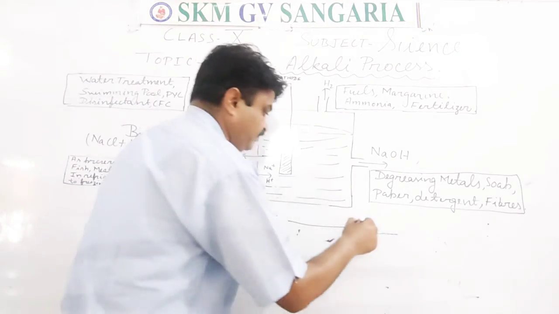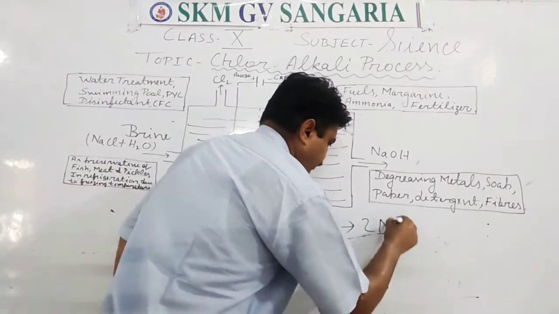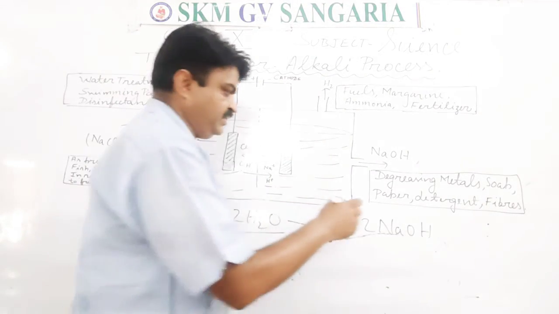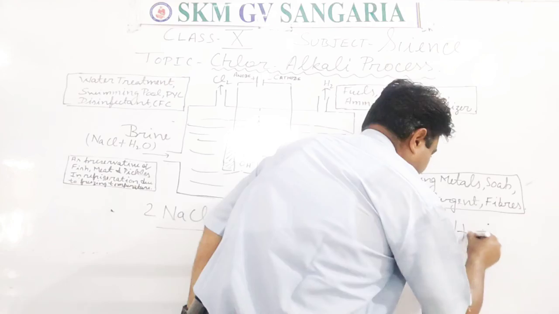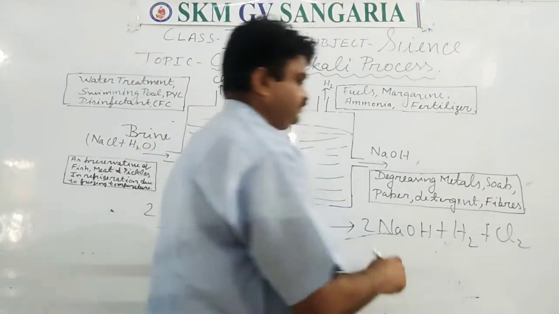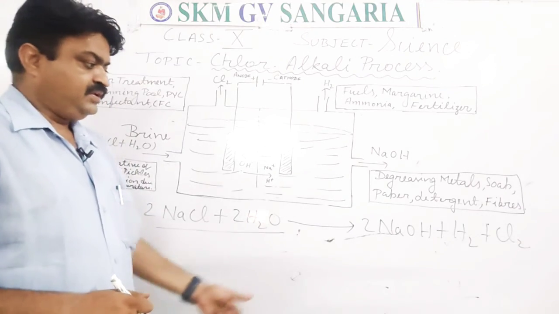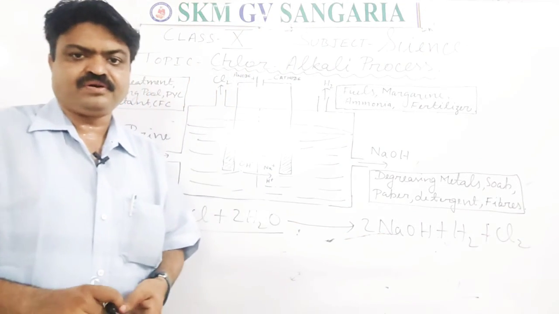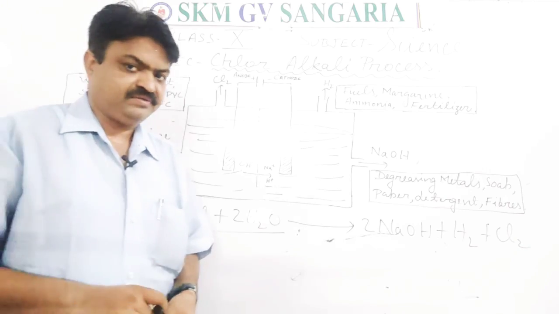We get NaOH, means sodium hydroxide. With this we also get hydrogen gas and chlorine gas. These three chemical substances we obtain with the help of the chlor-alkali process, student.